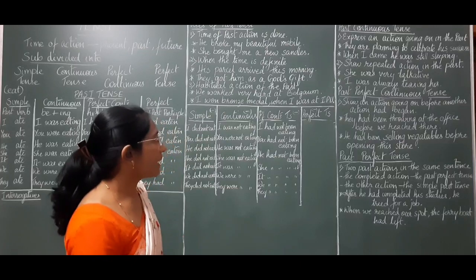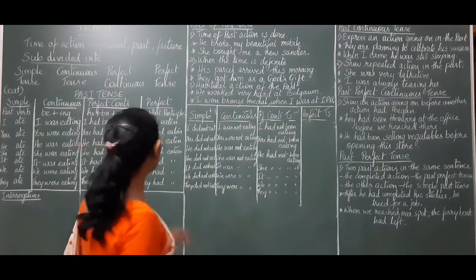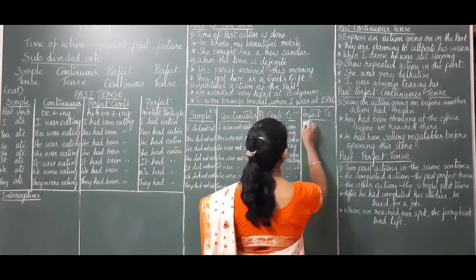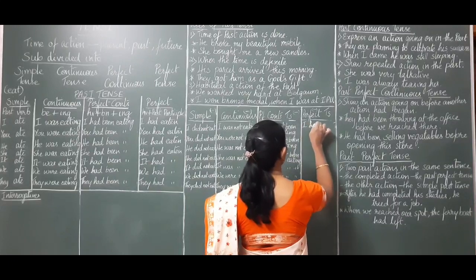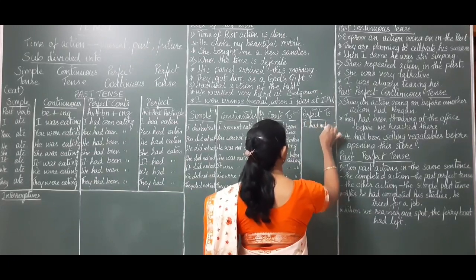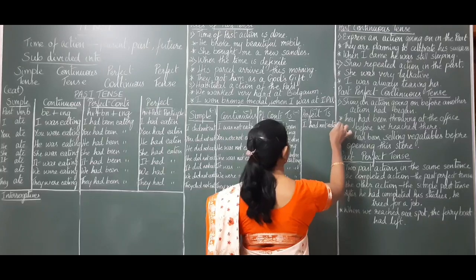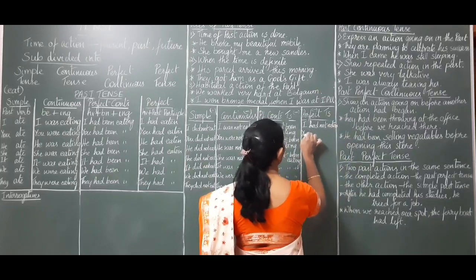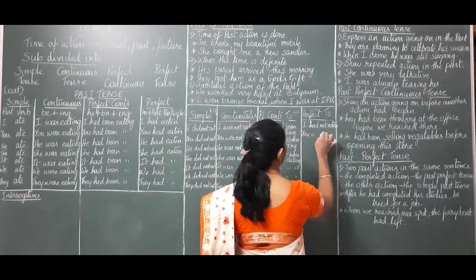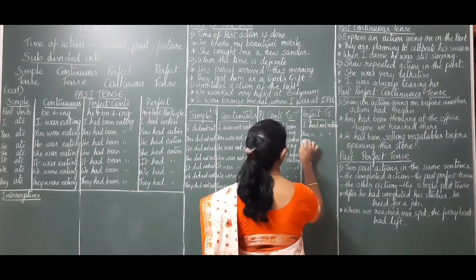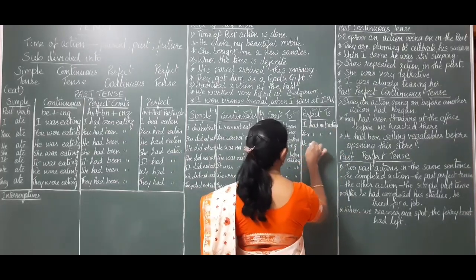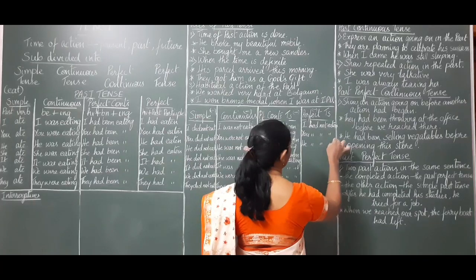Okay. Past perfect tense in the negative form. I had eaten. I had not eaten. You had not eaten. He had not eaten.